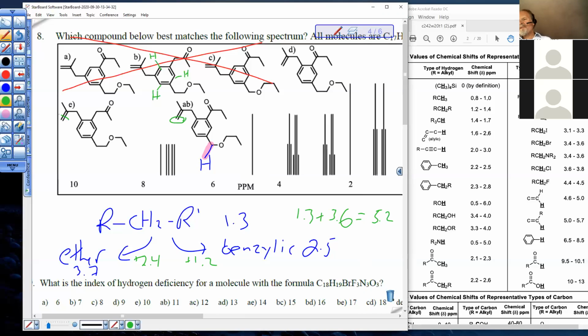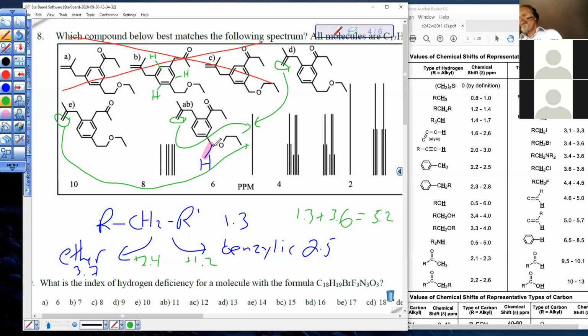Every one of our molecules has the terminal alkene H's, which would be singlets. Why? Why do we have singlets? No neighbors. So I think our ether game is over for this guy.